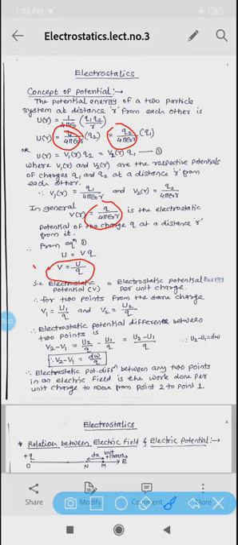So V2 minus V1 is equal to U2 upon Q minus U1 upon Q, which, because of the same denominator, is U2 minus U1 upon Q.